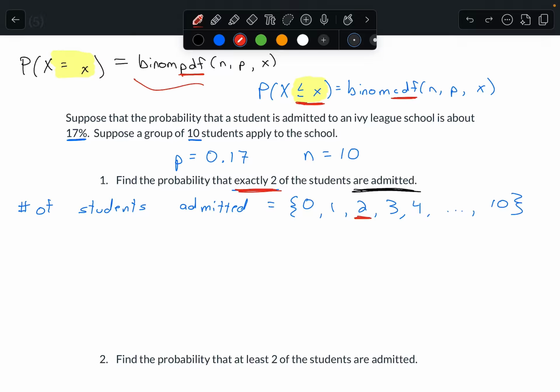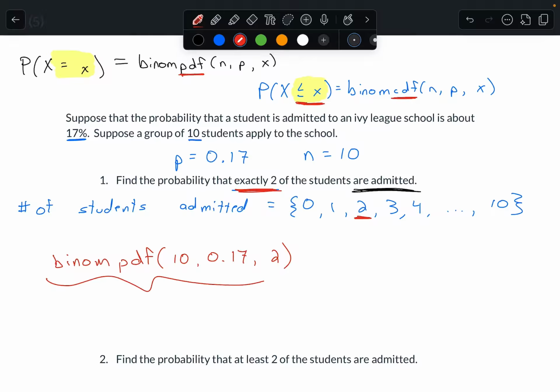Writing it out in the way that I'm going to talk to the graphing calculator, I would say binomial PDF, because we have exactly one case, N is 10, so 10 comma P is 0.17, and then X is the 2 in this case, the number of successes that I want. So this is what I enter into the graphing calculator. Some newer graphing calculators will make it easier to use, and you'll see that coming up here. But if you have an older graphing calculator, this is what that text is going to look like.